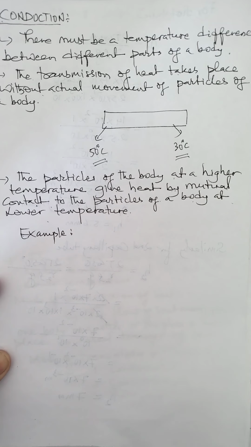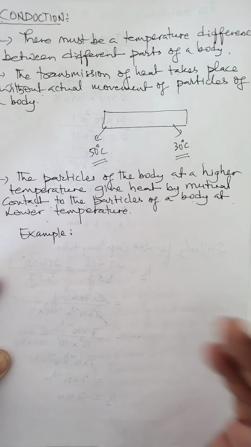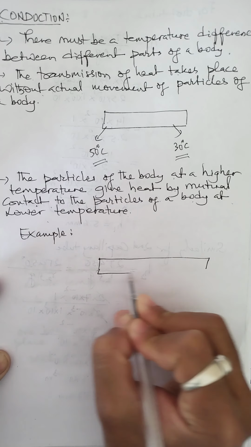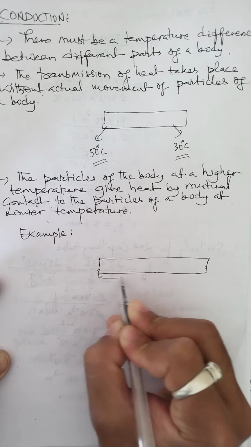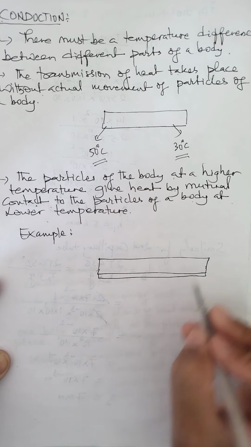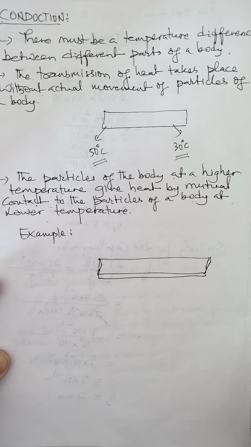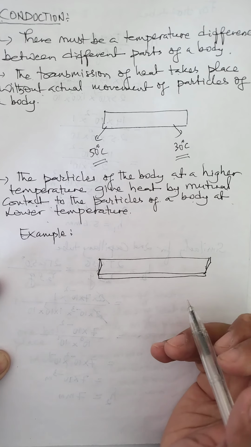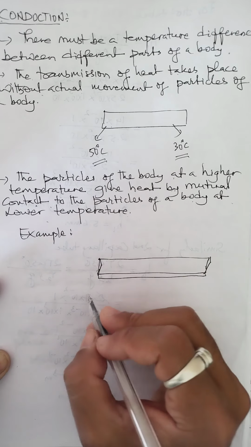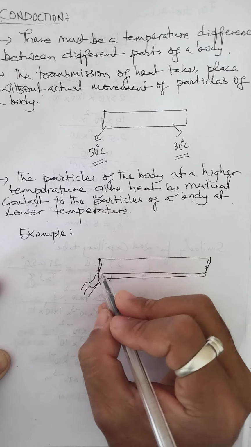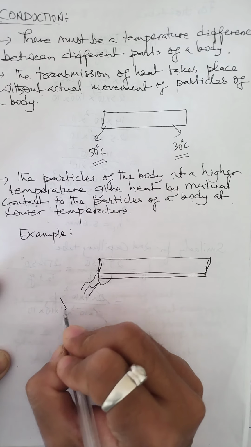Let me take the example of a metallic bar. Suppose you have a metallic bar. On this metallic bar, I supply heat. Let me supply heat to this end of the metallic bar with the help of fire.